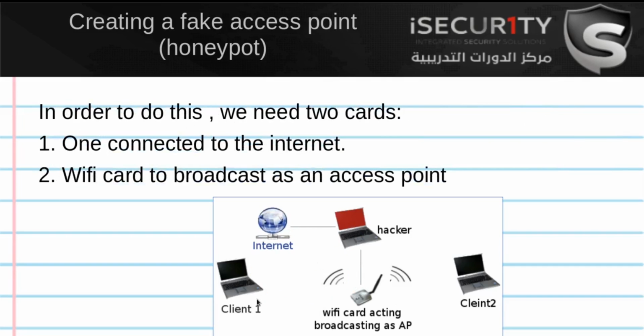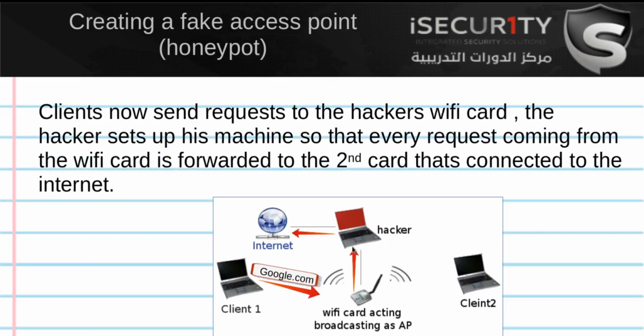Let's do this again. We have two cards, one of them connected to the internet. Let's say it's a wired card. That's what I'm going to use in my example. The second one is a Wi-Fi card that's going to act as the access point, and it's going to broadcast the signal. So devices are going to connect to the Wi-Fi card. They're going to ask for google.com.